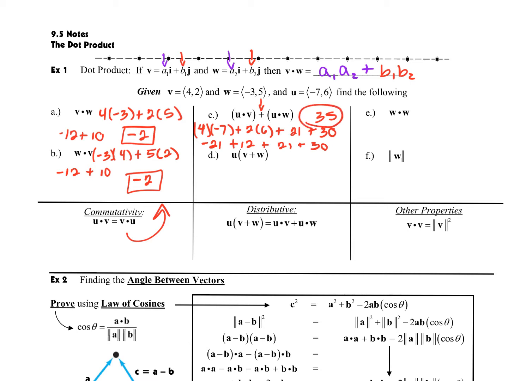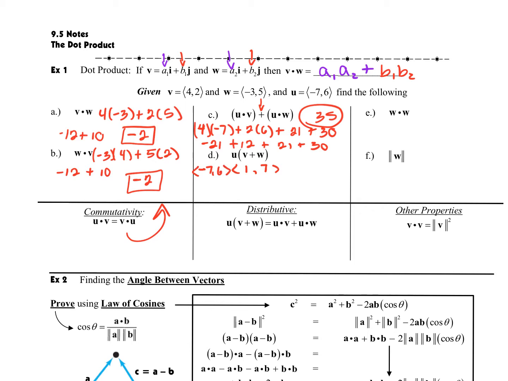Now, we're going to take a look at what happens when we do U dot V plus W. So let's find V plus W. So V plus W says we're going to do a 4 plus a negative 3, which gives me a 1, and a 2 plus a 5, which gives me a 7. So that gives me that new vector, and of course my U vector is negative 7, 6.